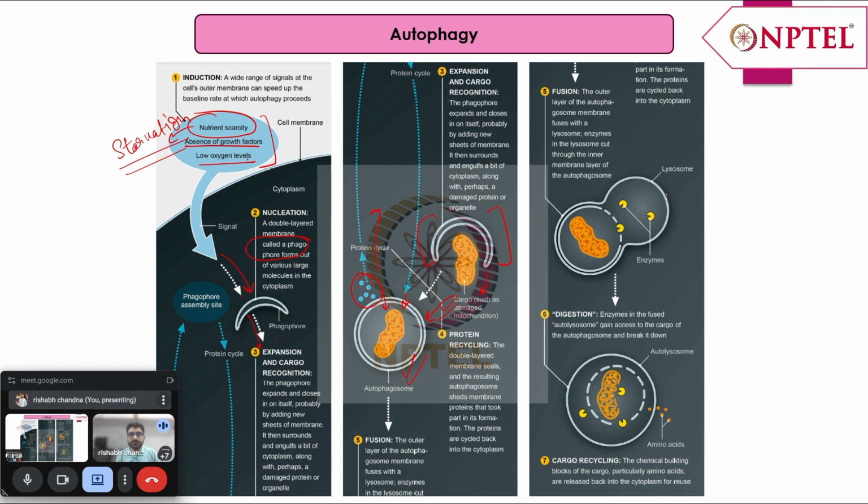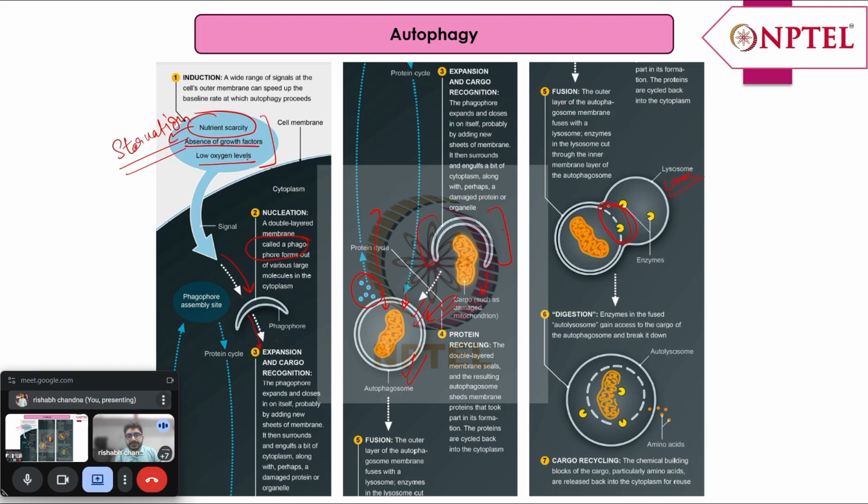Okay, so this is a lysosome, this is an autophagosome, and in the fusion, because it's a double membrane, the inner membrane needs to be degraded. So the fusion of the autophagosome with the lysosome leads to the degradation of the inner membrane.